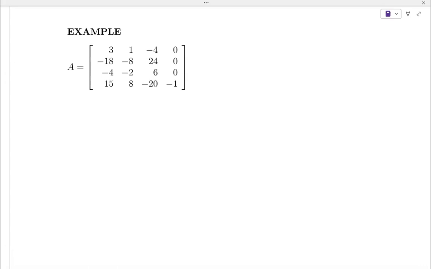And then I can graph it to figure out what the eigenvalues are. I may have to zoom out here. Yeah, we'll have to zoom out a little bit.